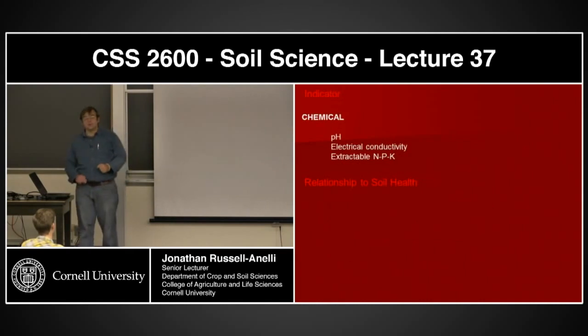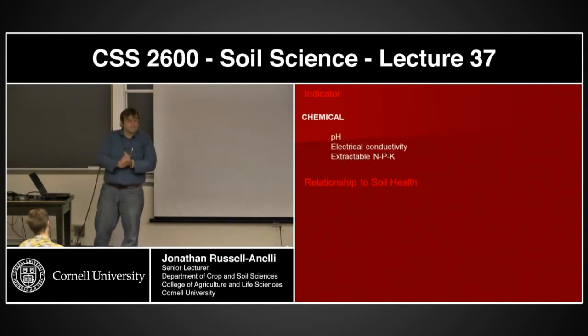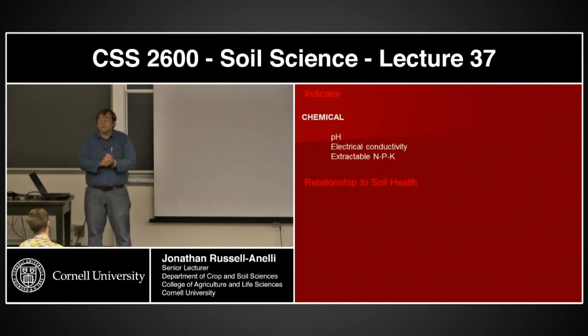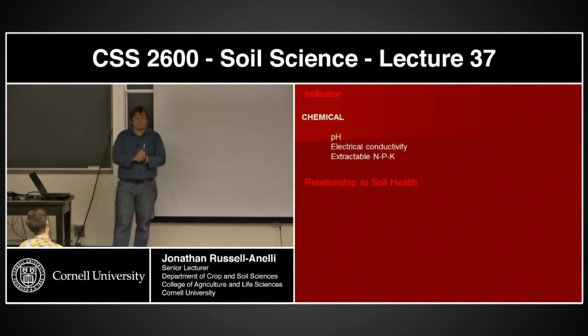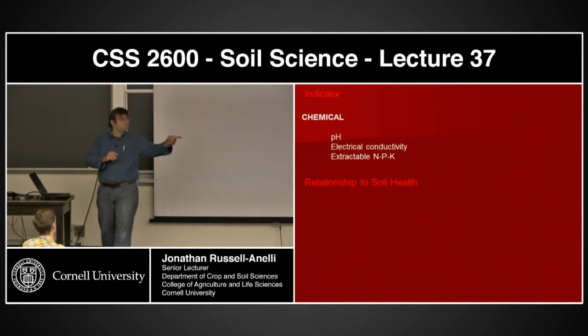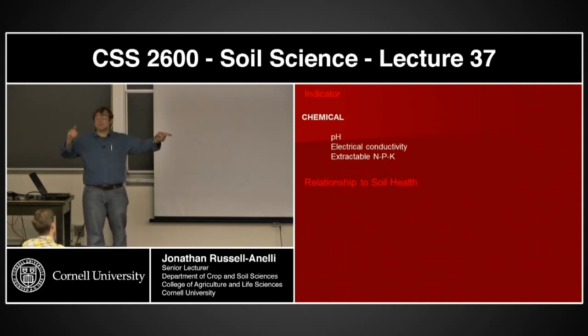How about another one? Chemical. These are some that you guys know. pH, EC, extractable NPK. Whoosh, I'm trying to talk too fast. What might these indicators tell us? Nutrient availability and toxicity.